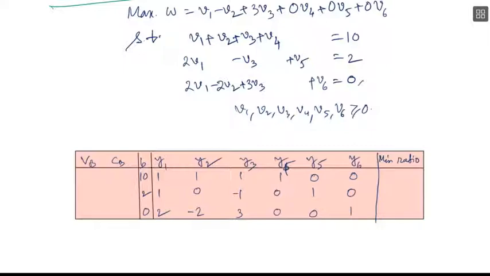And we see that the columns Y4, Y5, Y6 form the standard basis. So their corresponding variables x4, x5, and x6 will form the initial basis. And what are the costs of the variables in the objective function? Those are 1, minus 1, 3, 0, 0, 0. So the costs of x4, x5, x6 in the objective function are 0, 0, 0. Now we calculate zj minus cj's.